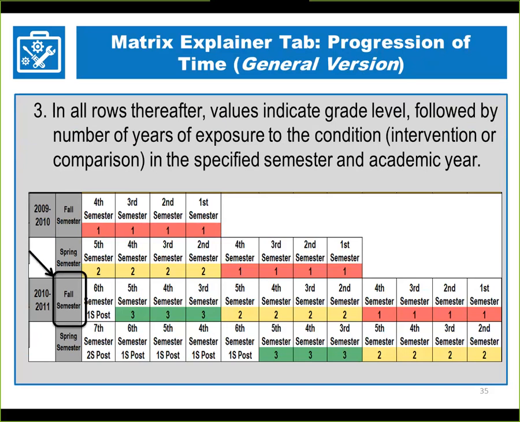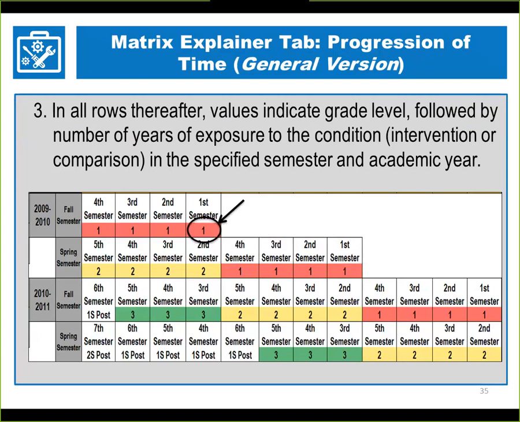Grade level, which is semesters in college, is written as text without any shading. For example, first semester in college is written as first semester, second semester, third semester, and so on. Semesters of exposure to the intervention or comparison condition are shown as shaded cells.